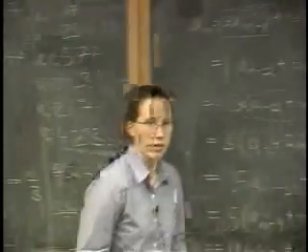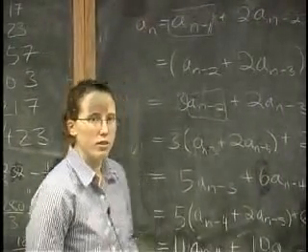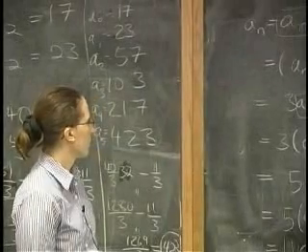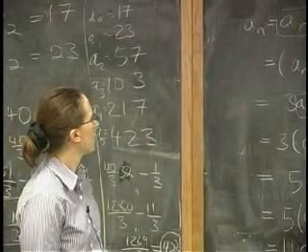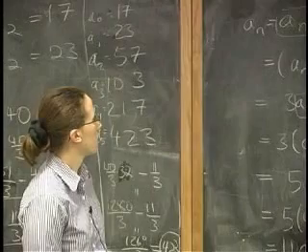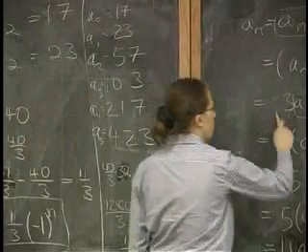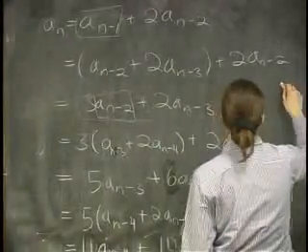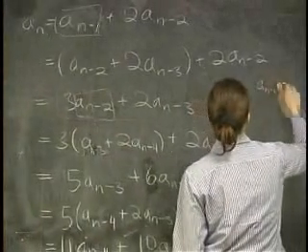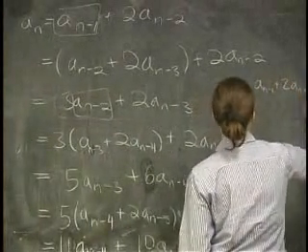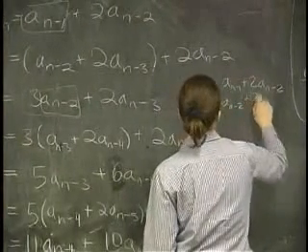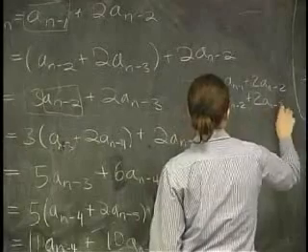Let me suggest some patterns. I don't see how to put them together yet. But if you put the 3a_{n-2} plus 2a_{n-3} on the board, followed by 5a_{n-3} plus 6a_{n-4}, followed by 11a_{n-4} plus 10a_{n-5}, you'll notice that the lead coefficient in each succeeding term is the sum of the two coefficients in the preceding.